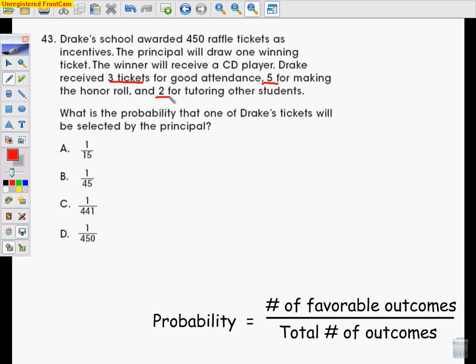So add that all up, Drake has a total of 10 tickets. And the total number of outcomes, the total number of tickets in the drawing, is 450. So the answer is 10 out of 450. Once again, that answer is not up there. So we can reduce 10 over 450 to 1/45. So that would be our answer.